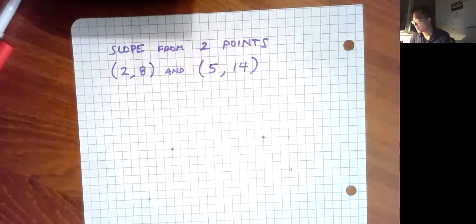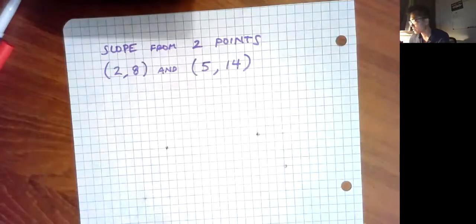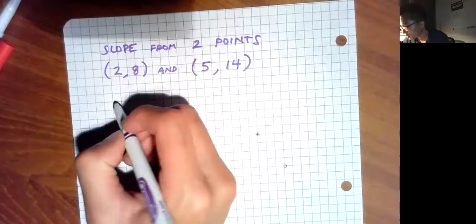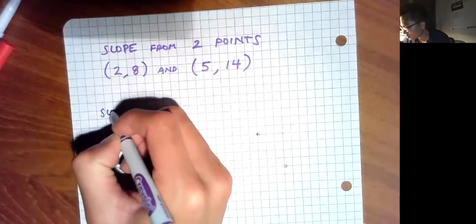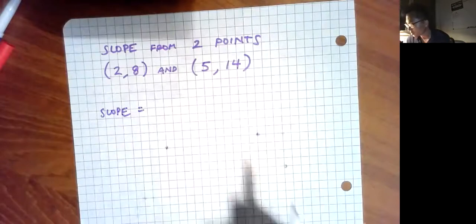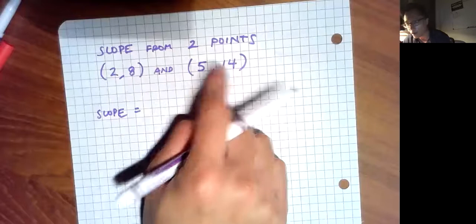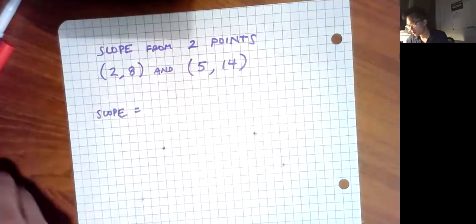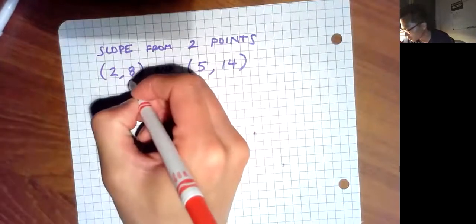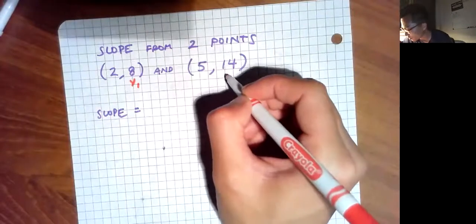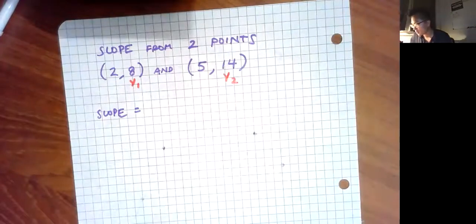When you're trying to find the slope from 2 points, there's a couple of ways that you can do it. One is to use a formula. The slope is going to be equal to the difference between the two y values. So this first y value, I can think of that as y1. The second y value, 14, I can think of that as y2.